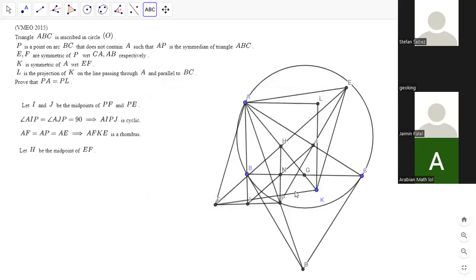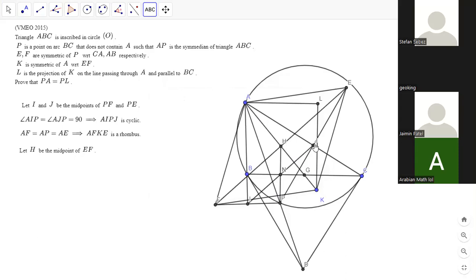Okay. And so basically, I think we can just use angle chasing. So we know AH is perpendicular to EF, and EF is parallel to IJ. So AH is perpendicular to IJ.